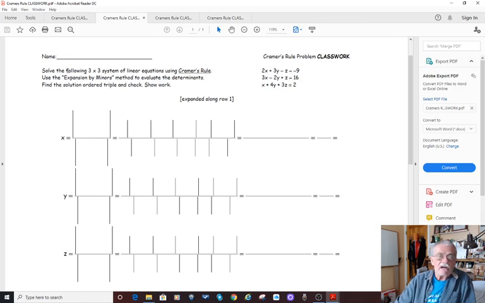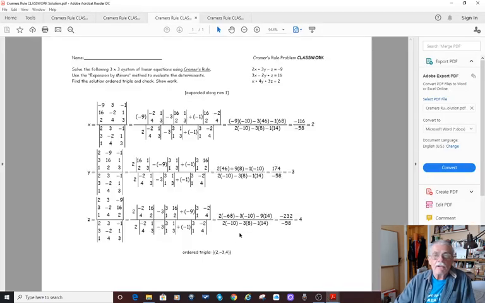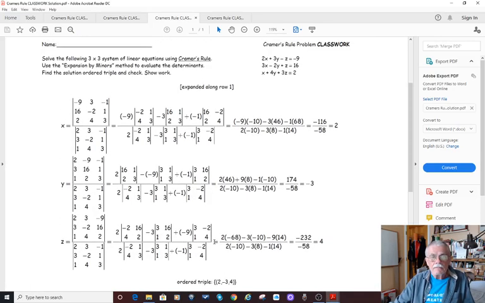It says solve the following 3x3 system of linear equations using Cramer's rule. Use expansion by minors. So this is going to be a little bit tough. Okay, so let's just take a look at the solutions for the first row.